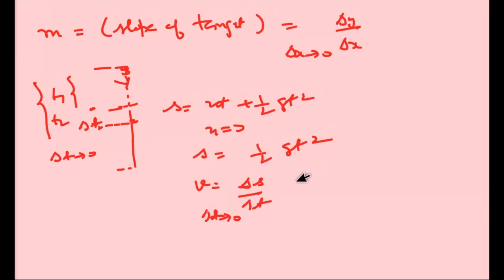So student, this is also described as the differentiation of s with respect to time. Here, differentiation of s with respect to time is also known as differential calculus and the slope of the tangent, and it is also known as differentiation.